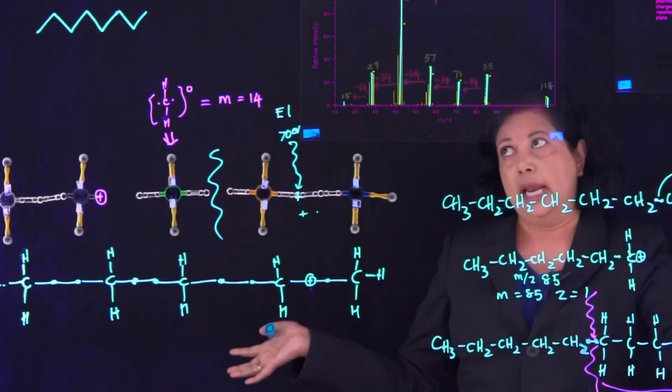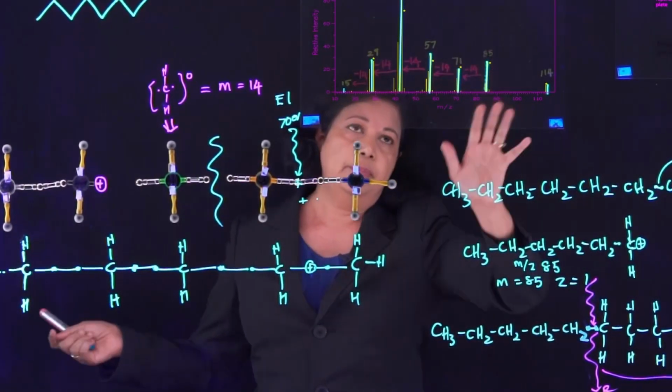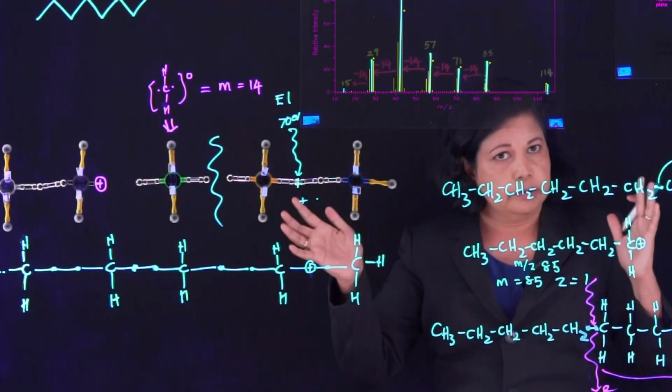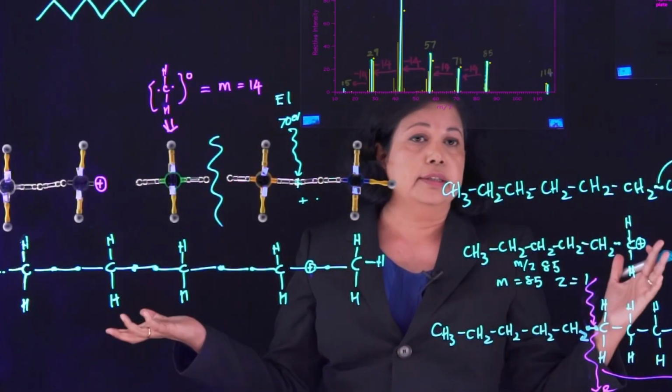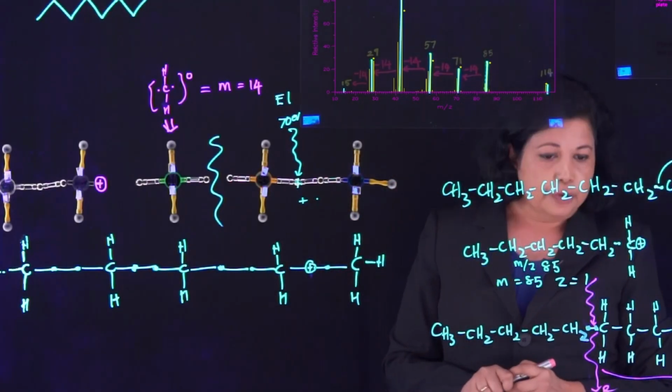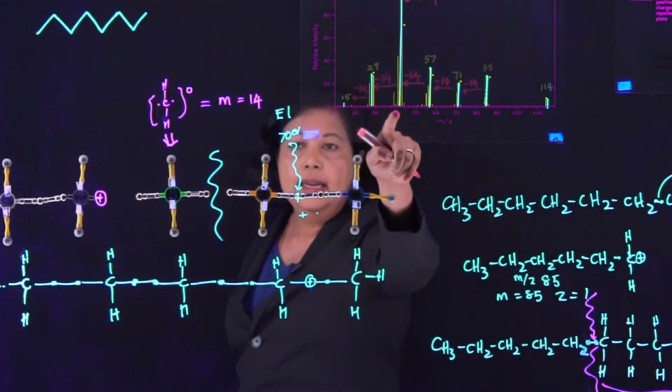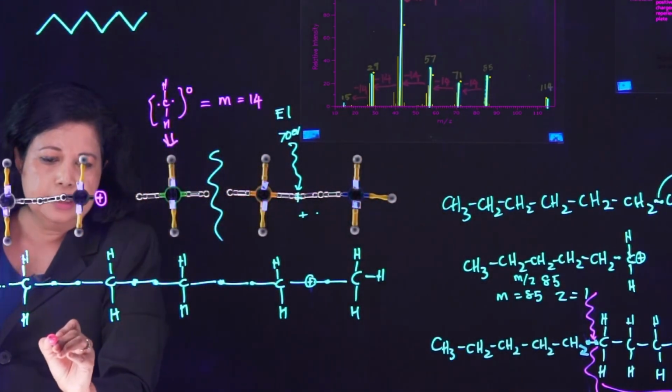Now, if you have a branched alkane, you may get peaks at different places, but wherever you have branching, you tend to have more fragmentation. And I'm just going to write down the other peaks.